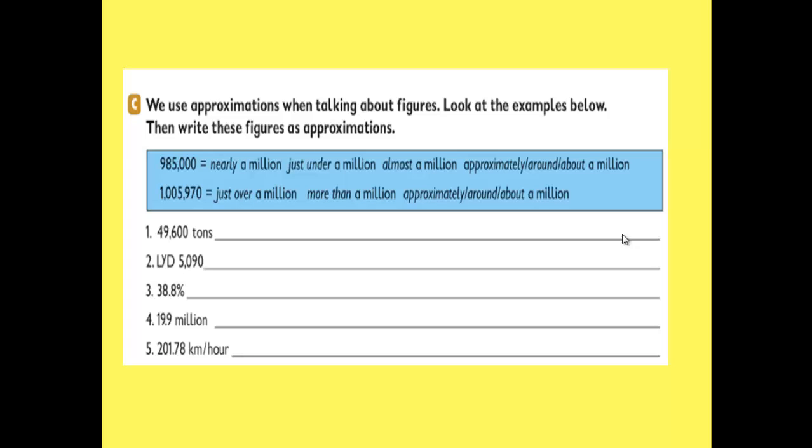Also here we have 1,005,970: just over a million, more than a million, approximately or around about a million. All of these expressions are approximations.